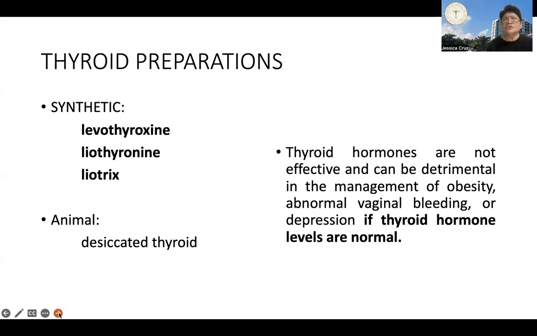It's not used in the treatment of abnormal uterine bleeding and depression. If the thyroid levels of the patient is normal, because the giving of thyroid hormones as a supplement in euthyroid individuals may eventually cause the suppression of the hypothalamic pituitary thyroid axis, and this can suppress thyroid function eventually.